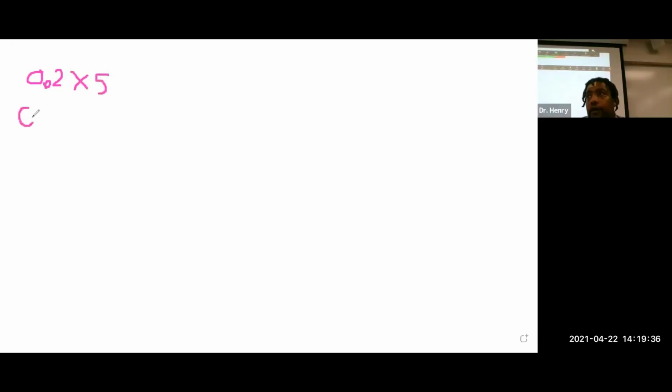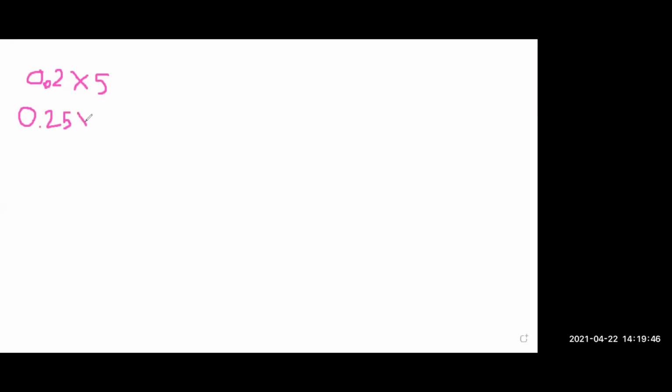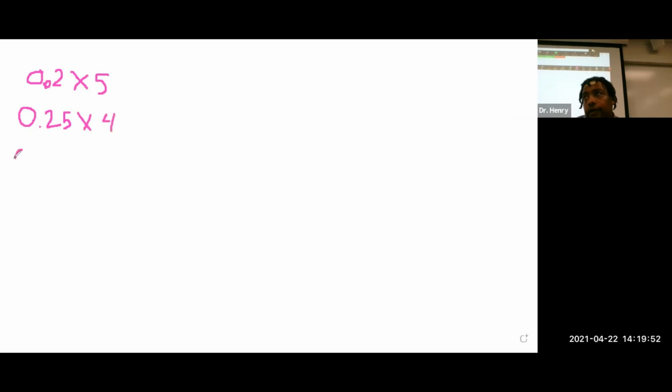If it's 0.25, what can I multiply that by to equal 1? 4. If the number is 0.33, times 3.